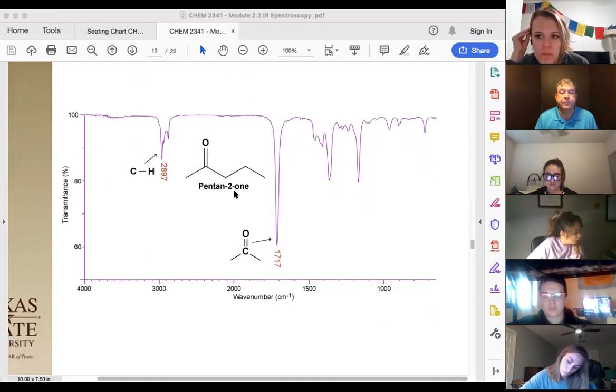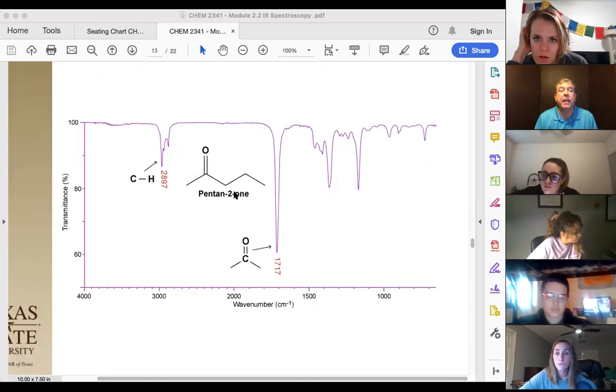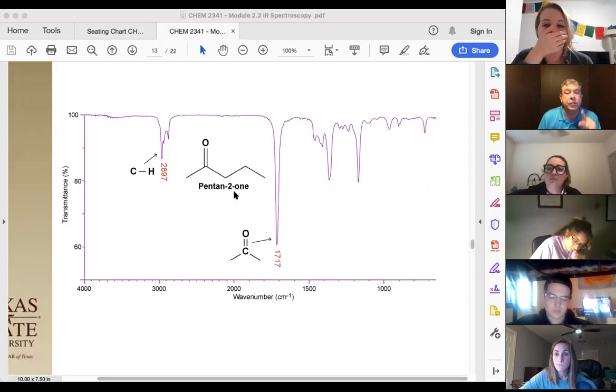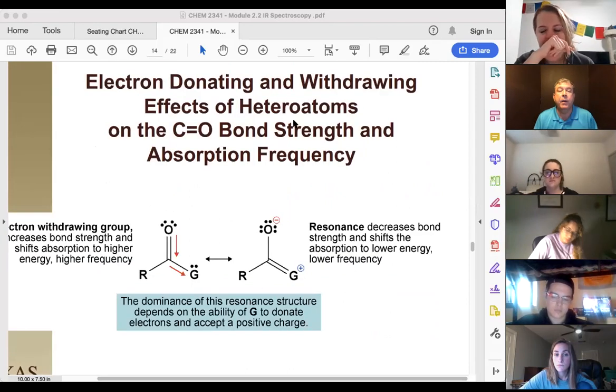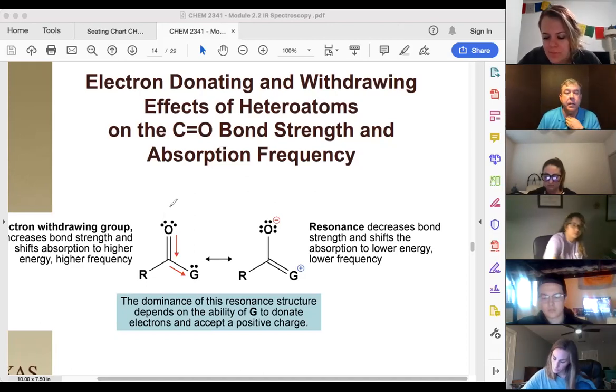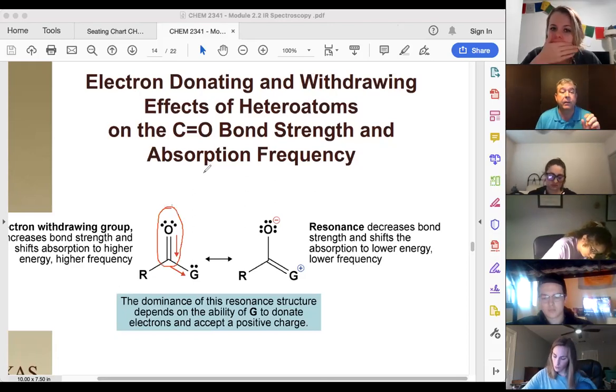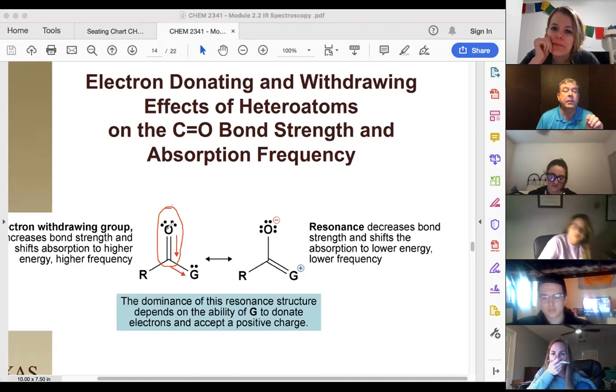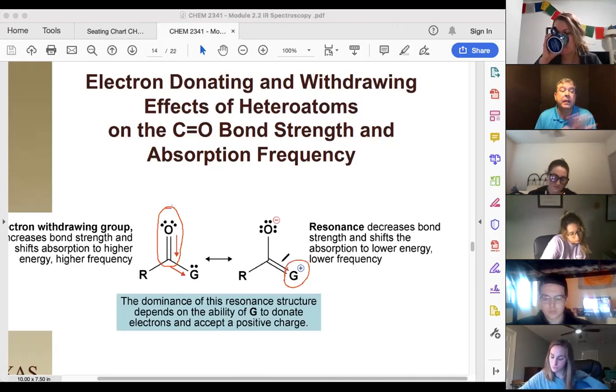All right. So I said that the carbonyl shifts around, and I want to tell you why. The reason it shifts around is because this bond right here is the one that's absorbing in that range. But the amount of electron density on the oxygen changes by what the group is bonded to. If it's a carbon, it doesn't really pull much electron density to it.